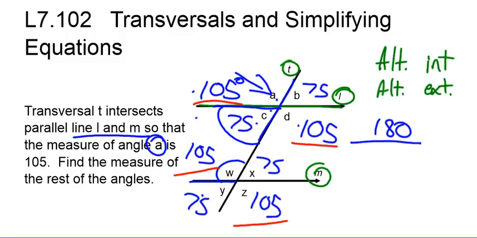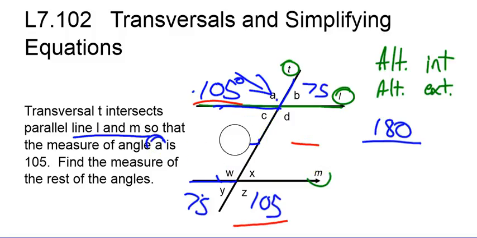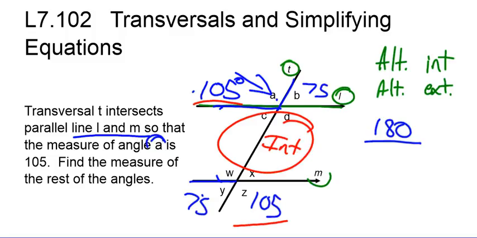As we look at transversals, I'm going to erase some stuff here just to make it clear. We would call the area in between the parallel lines the interior, and outside, here and here, we're going to call the exterior. All right, and so we have those relationships.